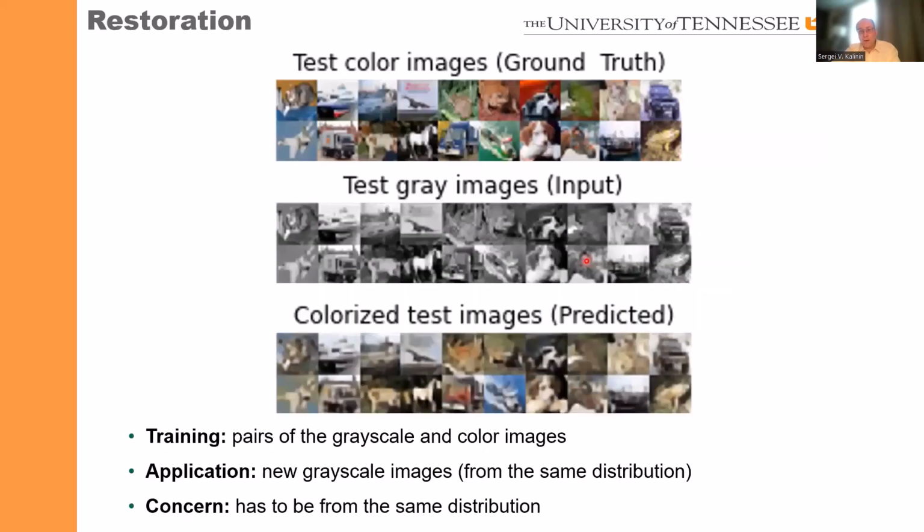Interestingly, autoencoders can also be used to reconstruct the colors of the image. So if you train on the pairs of grayscale and color images, you apply it to new grayscale images that should be a part of the same distribution. Again, you can colorize the images, but the problem would be that it has to be for the same distribution.